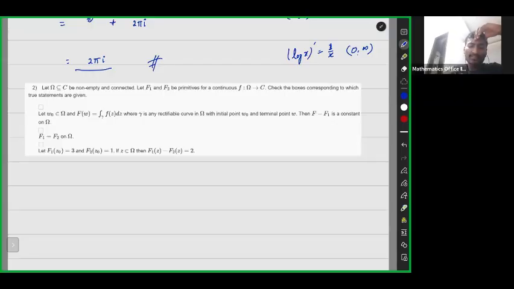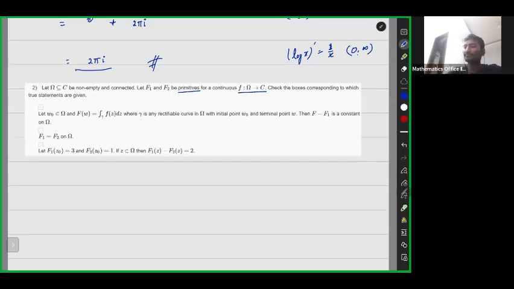Now see the second question. Omega is a given non-empty connected subset of C. F1 and F2 are two primitives of f. Check the boxes corresponding to the true statements. Do you know what a primitive is? It's just the definition I am missing right now.